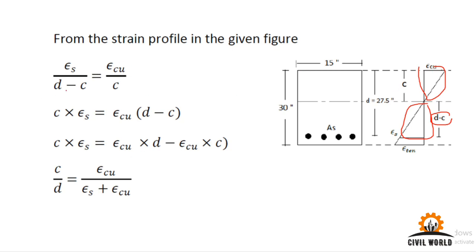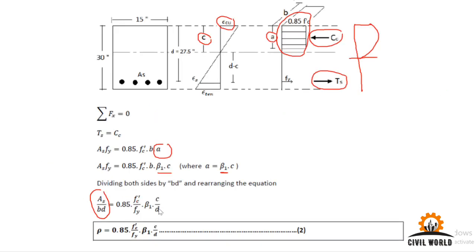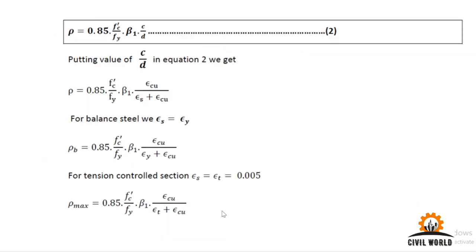Rearranging this, we have c over d is equal to epsilon cu over epsilon s plus epsilon cu. We can put in this value of c over d in equation 2, which is this equation.